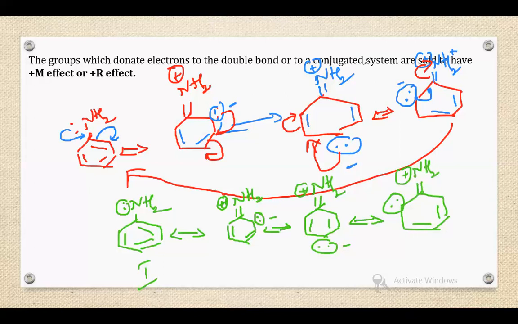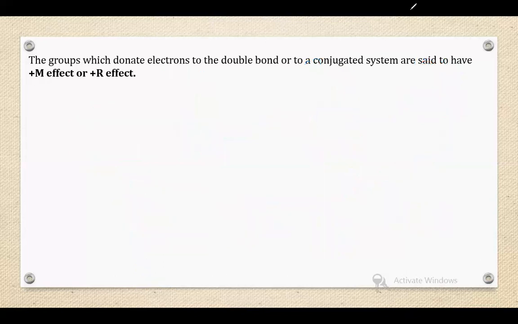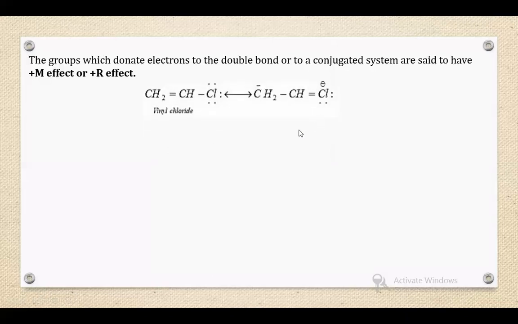Similarly, we can notice the negative resonance effect. You can see the example of vinyl chloride. Here the carbon attached to the double bond, the double bonded carbon, is attached to a CH group, and to that carbon chlorine is attached. If it is attached directly to the double bonded carbon, that is vinyl chloride.